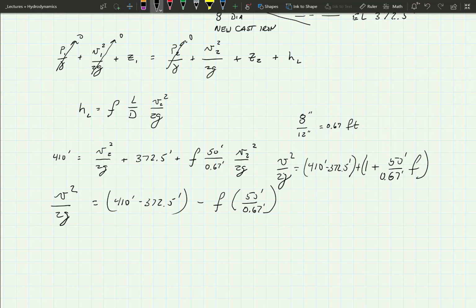We got to get to that answer with some reductions in there. All right, let's check things here. So I want 410 minus 372 is 37.5 feet. Minus F, which we got to go find, times 50 over 0.67 is what number? 74 point.